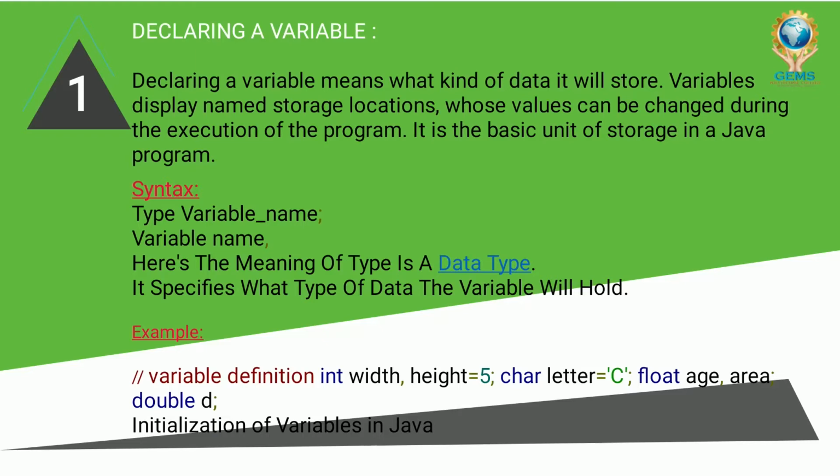You can give any name, but that name should not be equal to a keyword. I already discussed keywords in my previous lecture. Keywords are special purpose words. They have their own functionality.